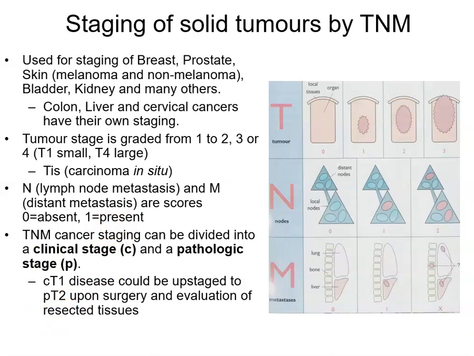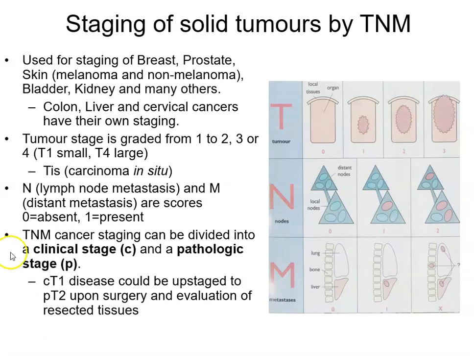So you can have patients who go into an operating theatre and we think it's a T2 N0 M0, which is an entirely operative tumour, one that could be cured by surgery. And sometimes in surgery we find that the tumour is actually bigger than we thought, and it's spread around, that maybe if it's an ovarian cancer that's T2 on imaging, but we get in there and in surgery you find that it's actually invaded local tissues, and it may well be T3 or N1 or M1.